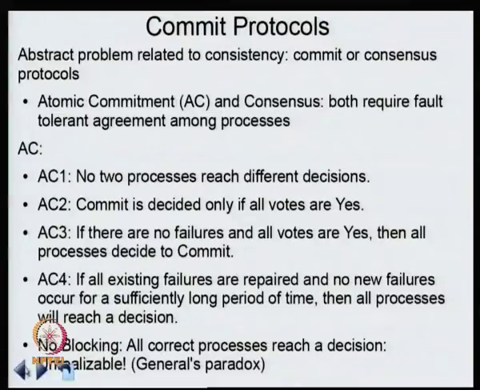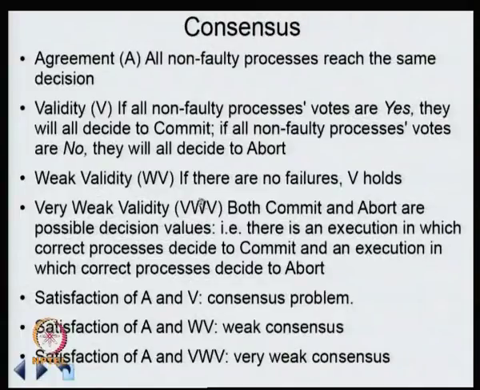You can see that this is connected with weak validity. It's saying that if there are no failures, then all processes are correct, and if votes are yes, they will all decide to commit, and otherwise they will all decide to abort.